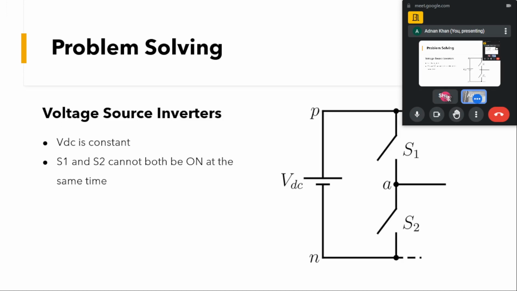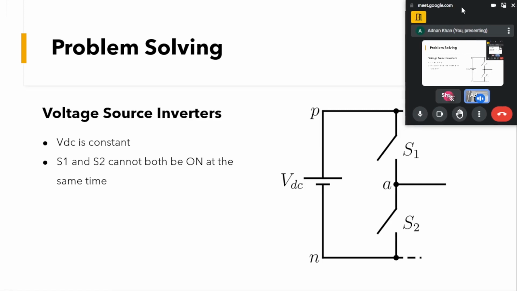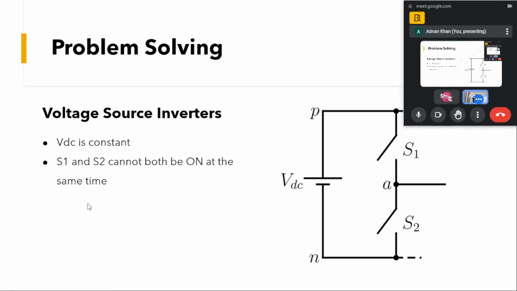Let us first go through how this voltage source inverter will look. As earlier, for one leg, we have a converter, let us say this is VDC, and one leg is represented by S1 and S2 switches. Here VAN will be, let us say, the load voltage.